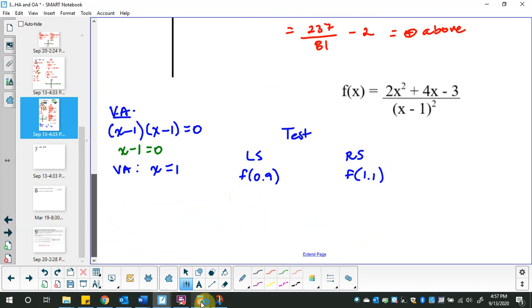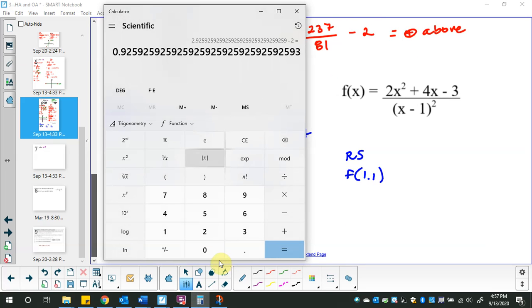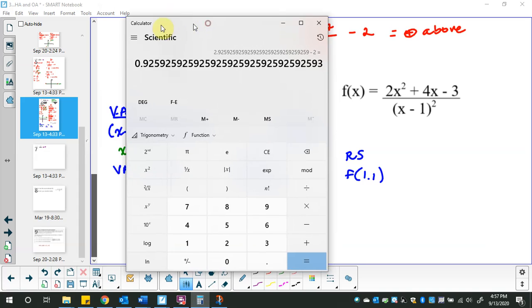So I'm going to use the calculator here to its fullest extent. And I'm putting in 0.9.